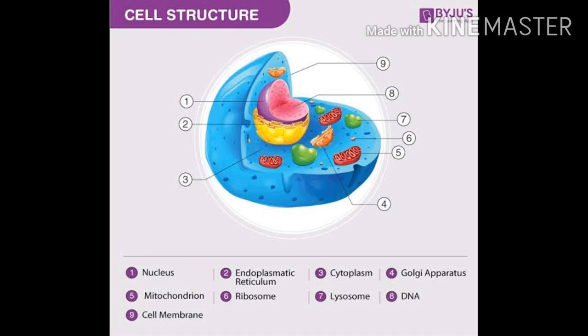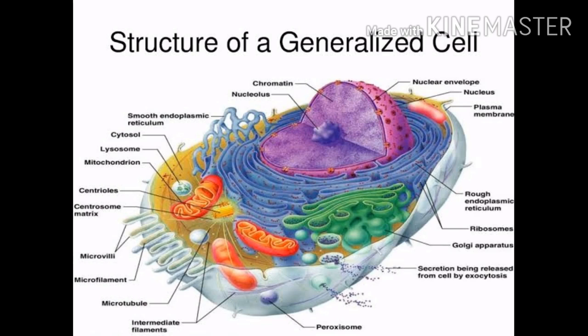So in general there is a generalized structure of the cell, which you can see here in the picture. Now, the generalized cell is the cell where we can see all the types of organelles that are present in both plant and animal cell.